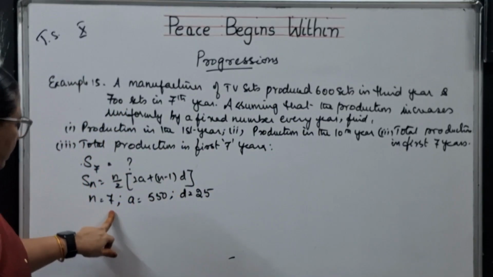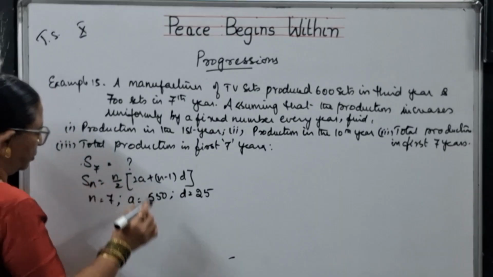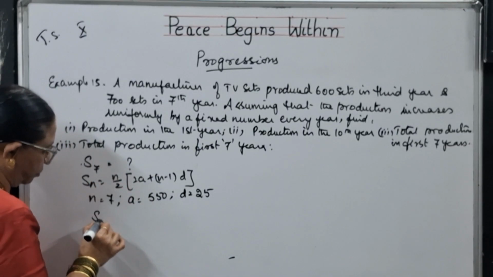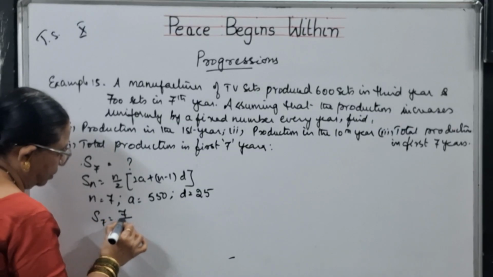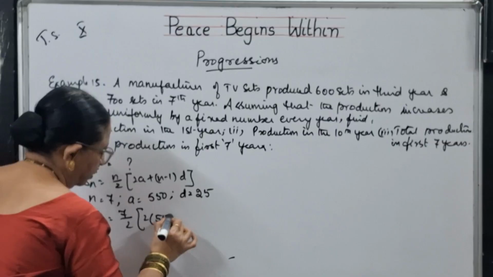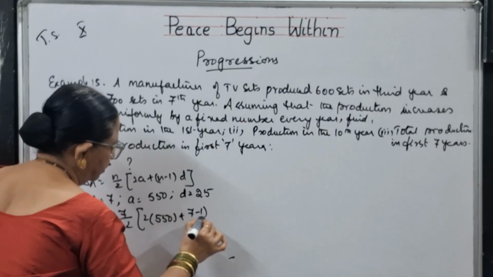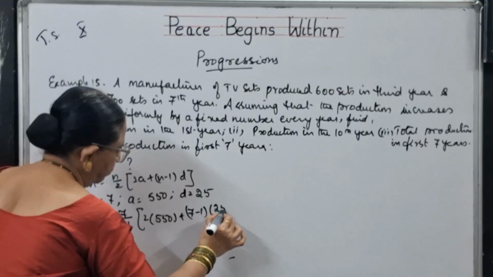We got n is 7, A is 550, D is 25. So sum to n terms we have to find out. Sum to 7 terms. 7 by 2 into 2 into 550 plus 7 minus 1 into 25.